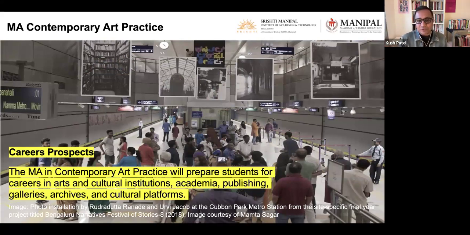And this is how we think about both the program, but also we foster ways in which individuals can sharpen their own artistic practice along any of these modes, whether it's fine art, public art, digital humanities, moving image art, or text and performance. The idea is to really develop professionals who would contribute discourse, who would contribute to building publics in art and cultural institutions, academia, publishing, galleries, archives, and cultural platforms. Next slide, please.